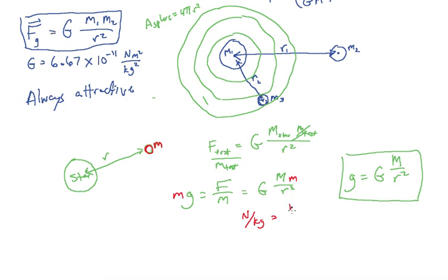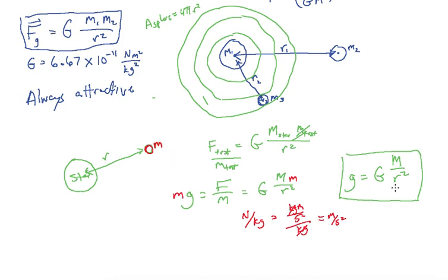A Newton per kilogram is a kilogram meter per second squared divided by a kilogram, because that's what a Newton is. The kilograms cancel and we're left with meters per second squared. So this is an acceleration. Our gravitational field is the acceleration that would be caused on an object if we put it at that point in the gravitational field.